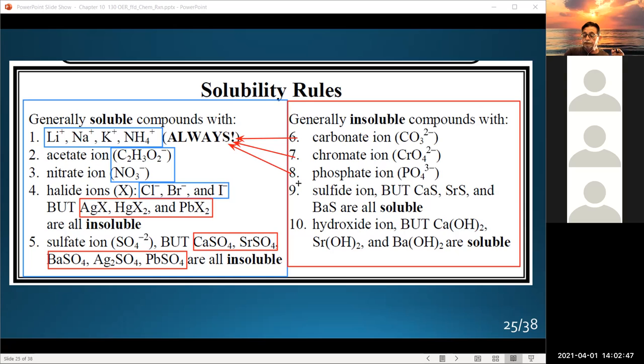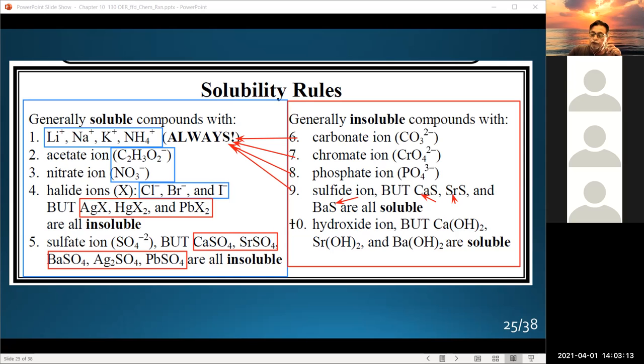And the sulfides, that's the S-2, are also insoluble except if they're bonded to the big four and bonded to calcium, strontium, and barium. So there's only 7 examples of sulfides that are soluble. Everything else is insoluble.